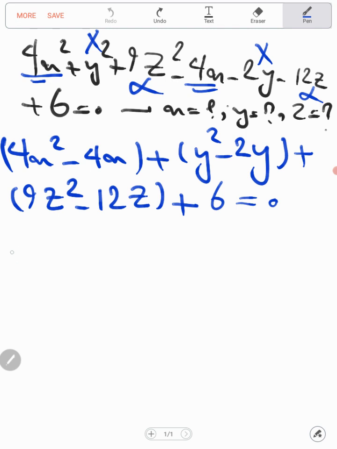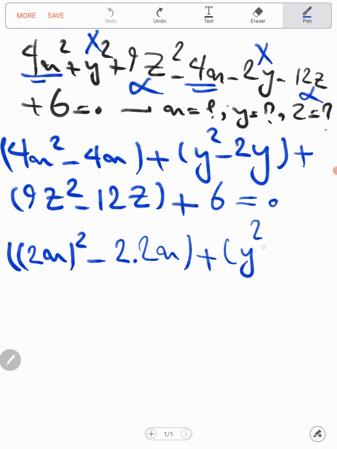Instead of 4x squared, it's better to write (2x) squared minus, instead of 4x, it's better to write 2 times 2x, plus. I think these parentheses are okay, we don't need to simplify them, and then go to the last parenthesis.